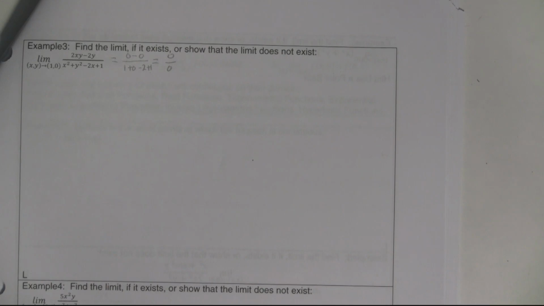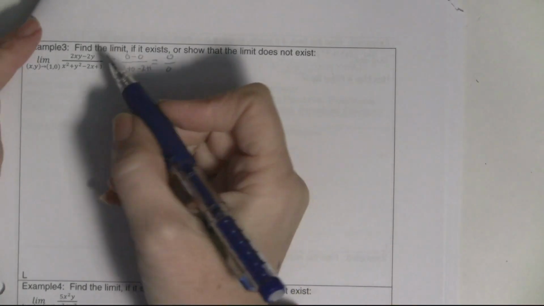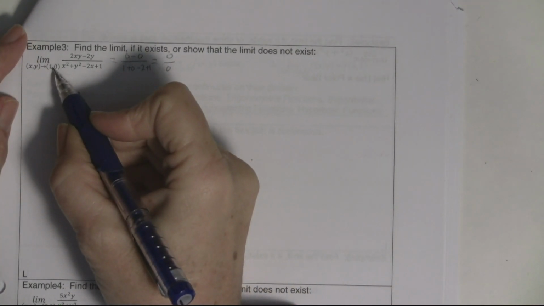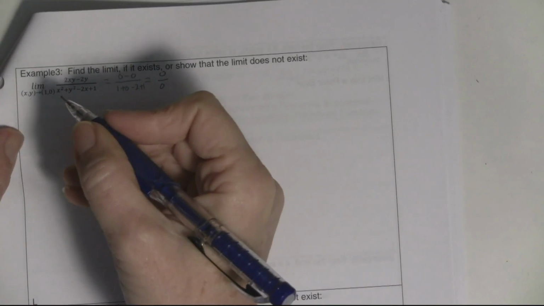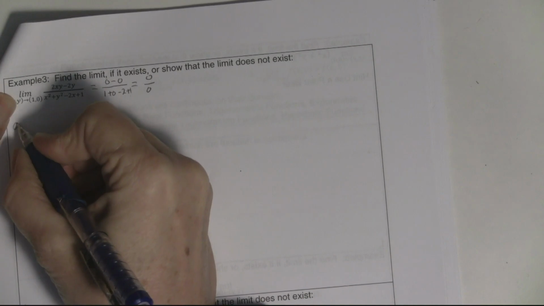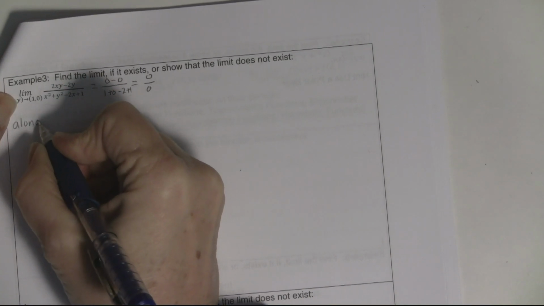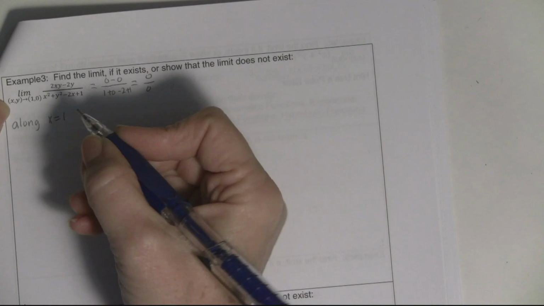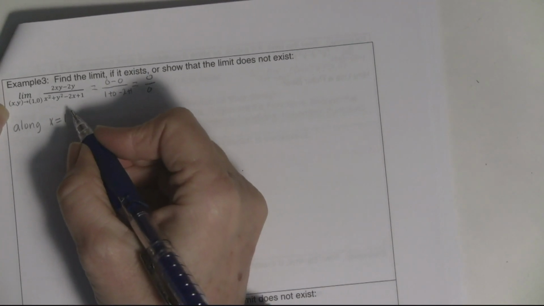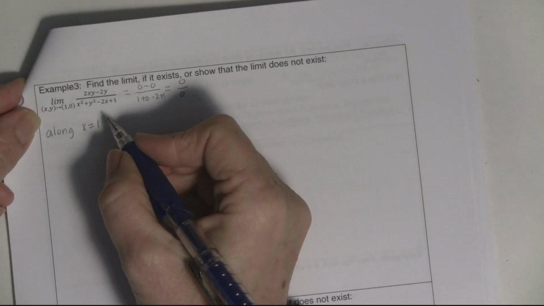Good paths to go along are like x equals 1, because that's where x is getting close to. So if I go along x equals 1 as my path, then everywhere I have x, I'm going to be putting in 1.